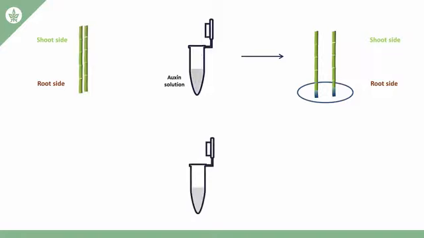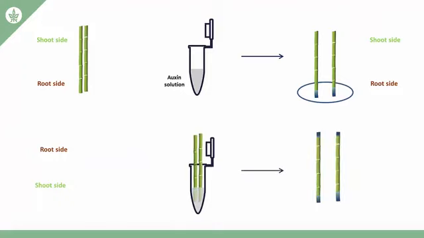If we take now these same plants, take the same type of stems, and turn them over, such that the root side is up and the shoot side is down, and now place these in the auxin solution, where the shoot side is in the auxin solution and not the root side, and now we color the plants to see where the blue color is accumulating, we see that the blue color, the GUS, is accumulating at the top.